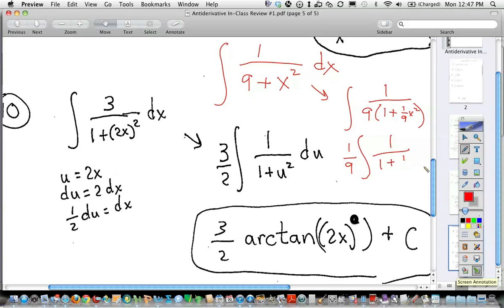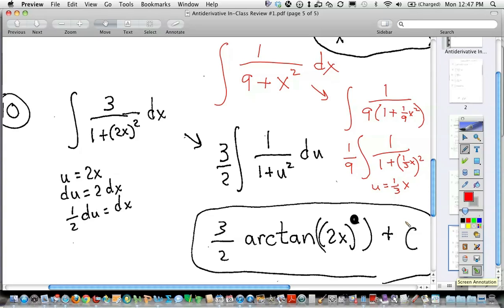Now, what's another way to think of 1/9 x squared? 1/3 x quantity squared. So what can I let u equal? I could let u equal 1/3 x. And I would end up with a 1 plus u squared there. I'd end up kicking out a 3. I'd end up with a 1/3 dx, move it over to 3. So I'd end up with a 3/9 out in front with a 1 plus u squared.